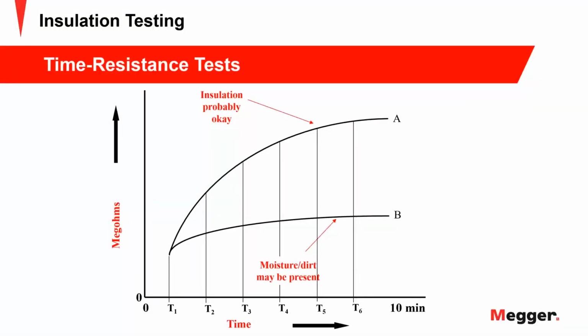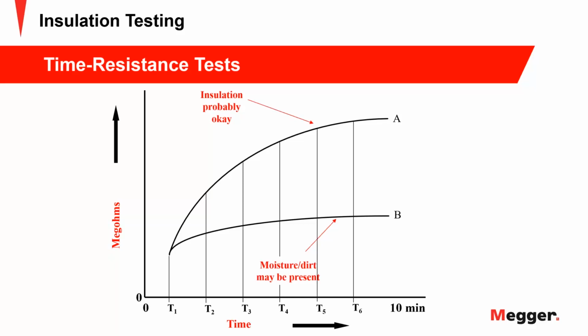So here's a graphic example. The bottom line is equipment that is in relatively poor condition, has a lot of leakage paths in it, and it holds the reading down. So you get a relatively flat line like that.